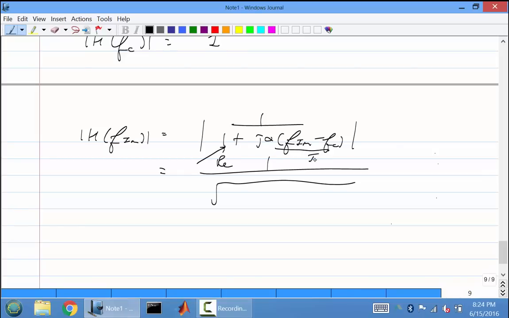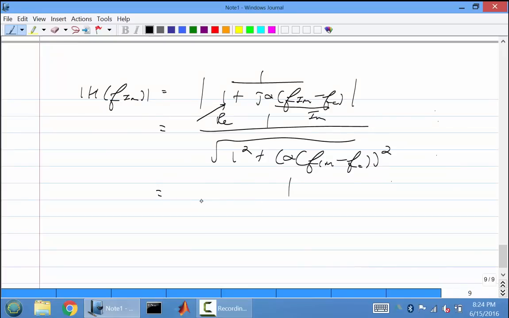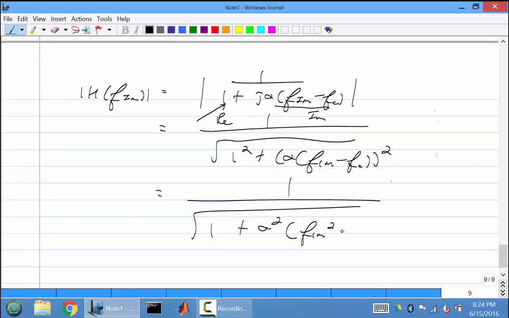This is the real component, this is the imaginary component. So you get 1 squared plus alpha squared times (f of im minus f of c) all squared. This becomes 1 plus alpha squared, and f of im squared, and then minus 2.